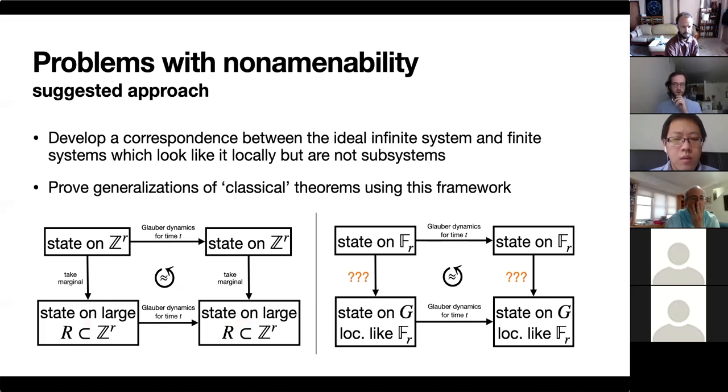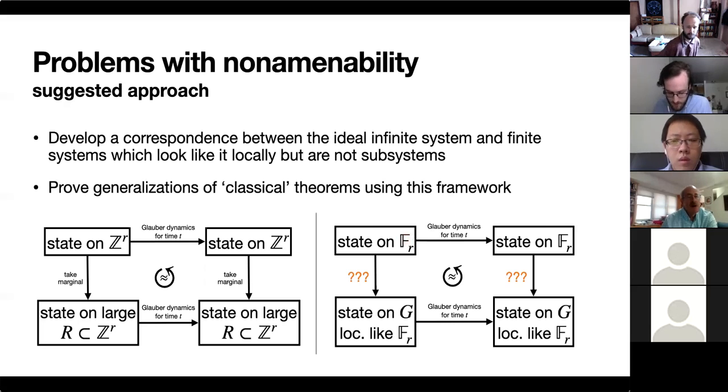But now what I propose doing is letting these large typical random regular graphs replace the large subsystems, because we know that a large typical random regular graph does locally look like the infinite tree. So here I'm writing FR instead of TR, just because I'm thinking about it as a group now.